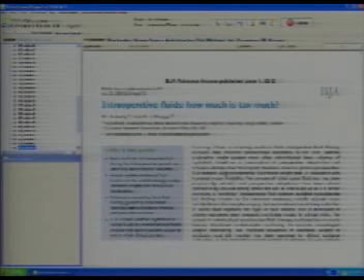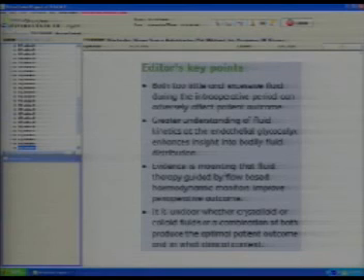This is an actual review published a few years back in BJA. How much fluid is too much? The learning point from this review is that both too little and excessive fluid during the intraoperative period can adversely affect patient outcome.